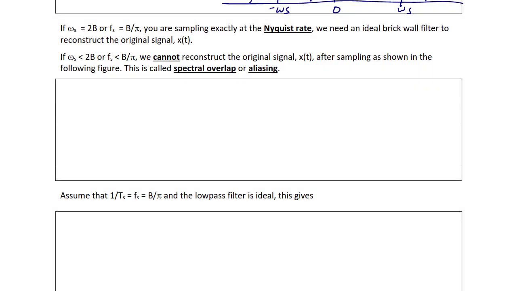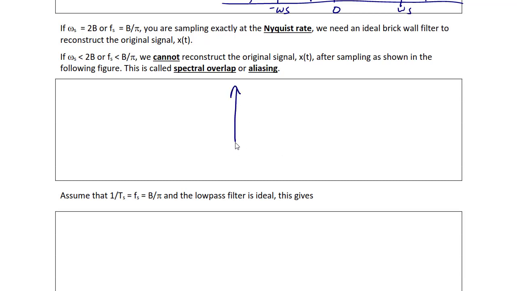So just to summarize, if omega s is equal to 2B or fs is equal to B over pi, you are sampling at exactly the Nyquist rate, and you would need an ideal brickwall filter to reconstruct the original signal x of t, which we know it's not possible to implement with real-world components. Or if omega s is less than 2B or fs is less than B over pi, we cannot reconstruct the original signal x of t after sampling, because this is called spectral overlap or aliasing.